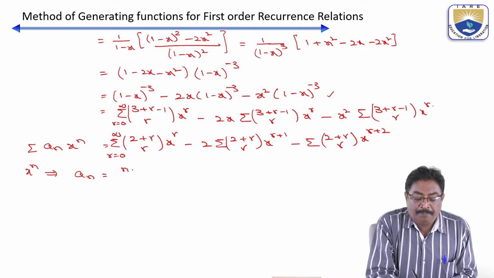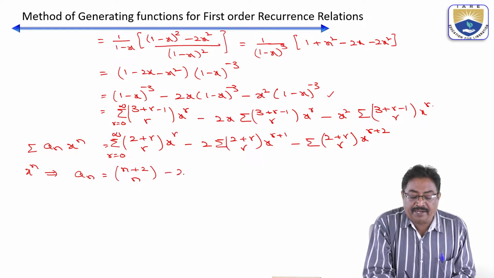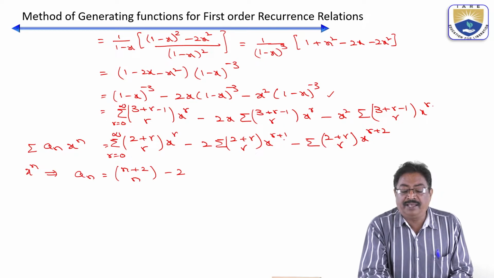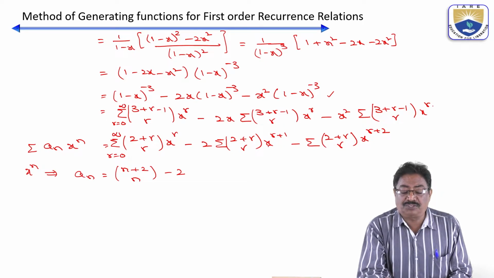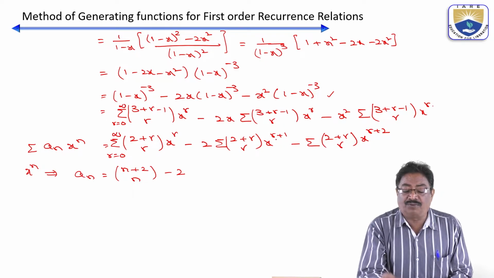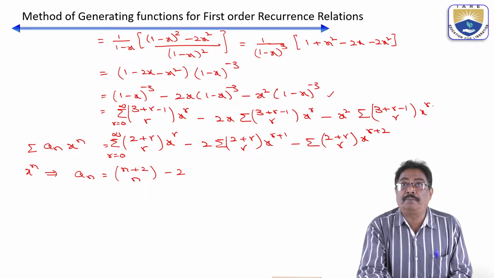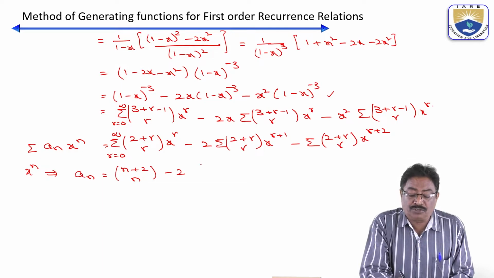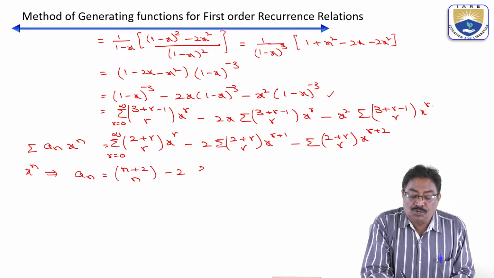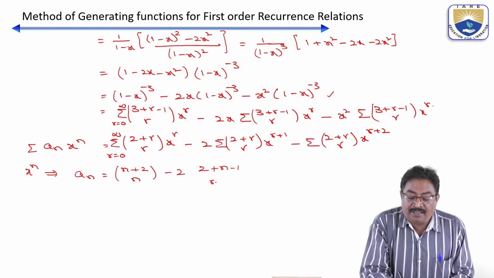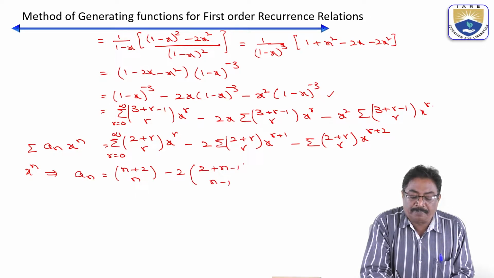So it is nothing but n plus 2 C n x to the power of n, minus 2 into, here we have to consider r equals n minus 1, because n minus 1 plus 1 will become n only. So I am going to write r equals n minus 1, and C n minus 1.